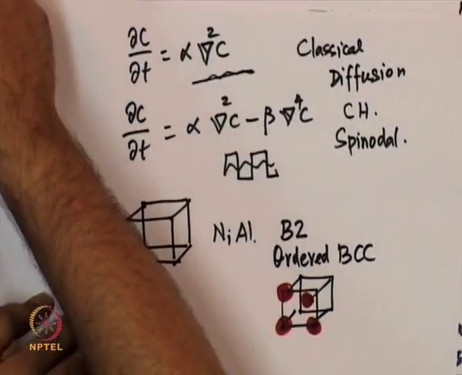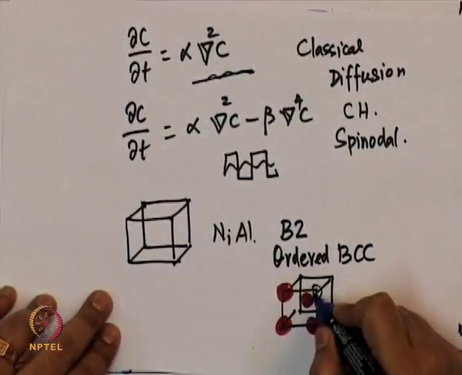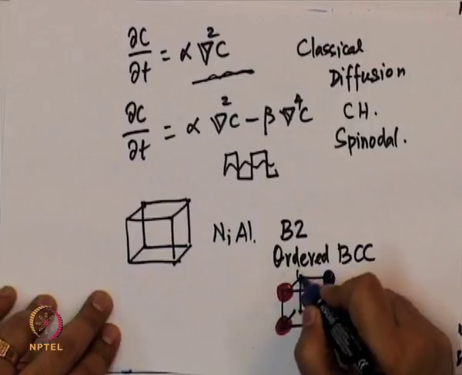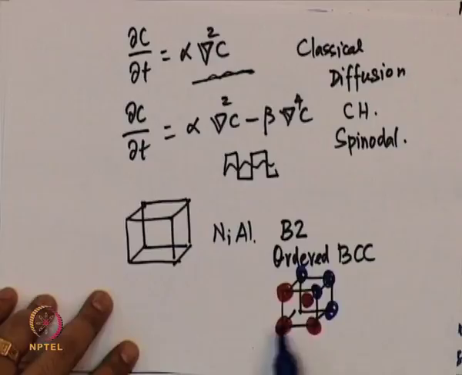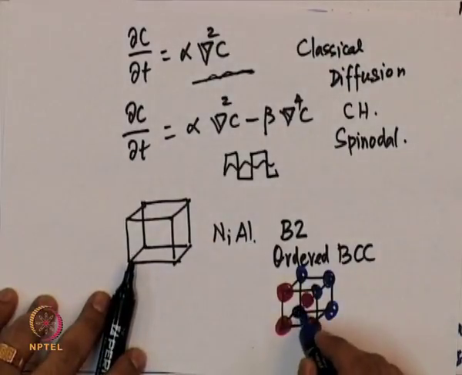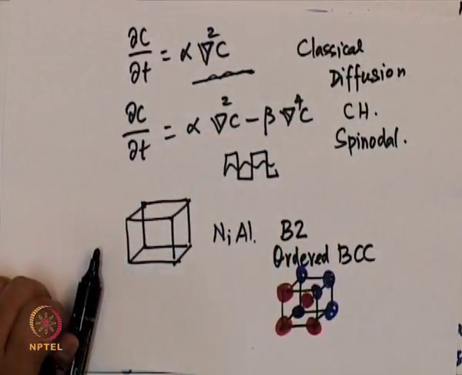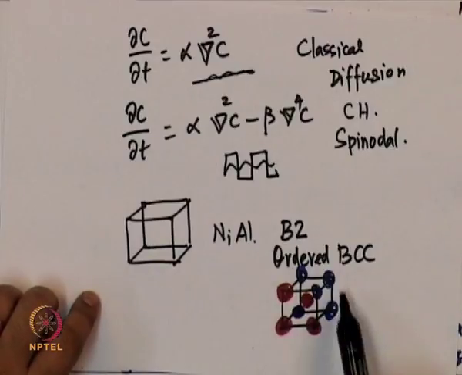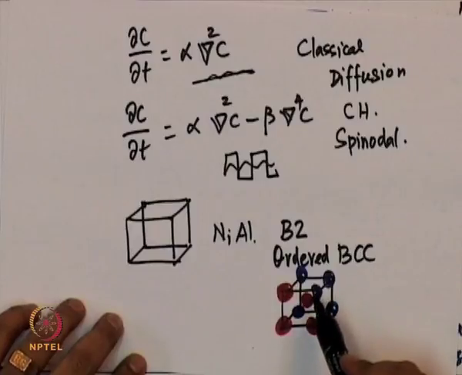This is crystalline in the sense that there are specific lattice positions, the 8 cube corners and one body centered position, and all these are randomly occupied. So any site can be occupied either by red or by blue.